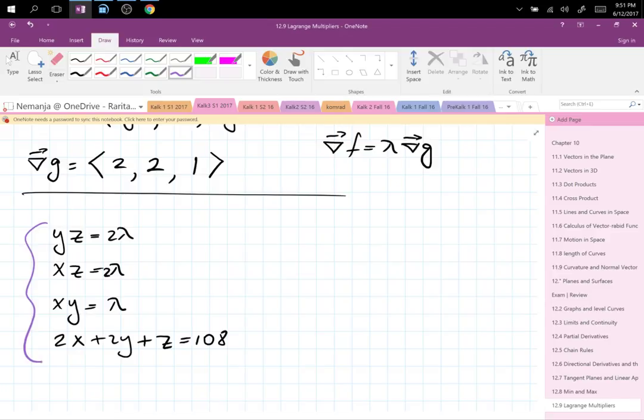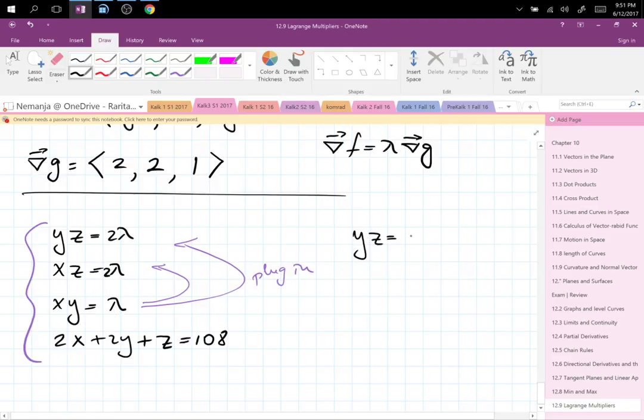We have what lambda is equal to, so plug in. When I plug in lambda, I get that yz is equal to 2xy, and I get that xz is equal to 2xy.